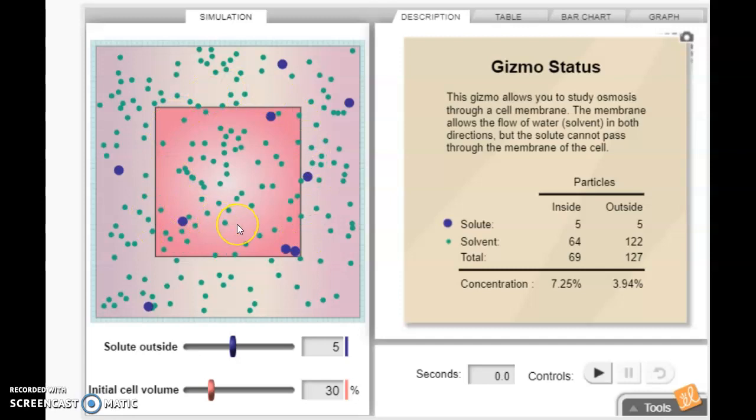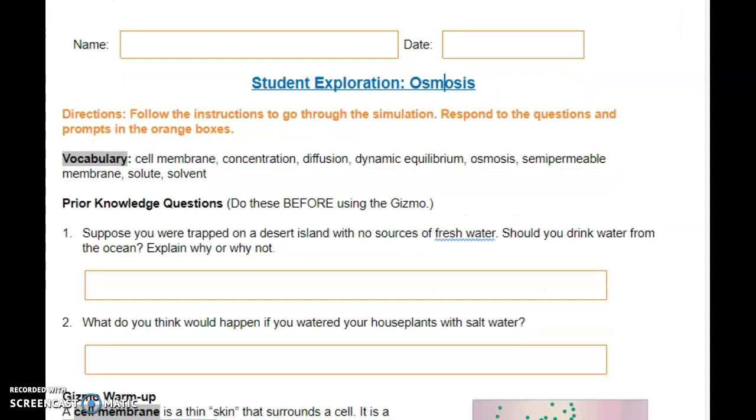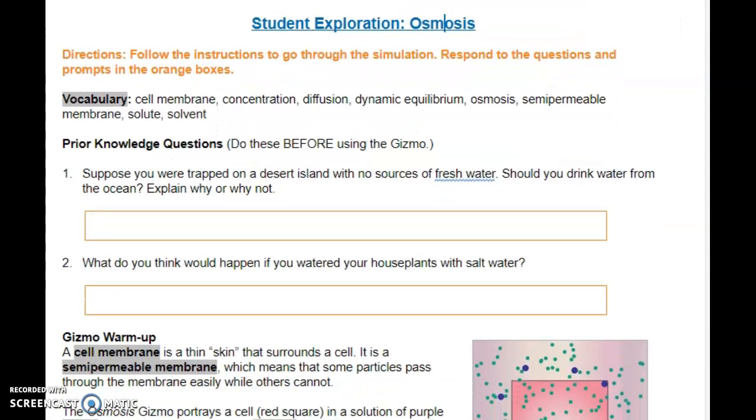Most cells aren't usually that perfectly rectangular, but it will make some calculations easier, as well as visualizing and being able to see if the cell is growing or shrinking with a box shape instead of an irregular cell shape. So for your task today, there are 2 prior knowledge questions, so please make sure that you answer those before you start the Gizmo.